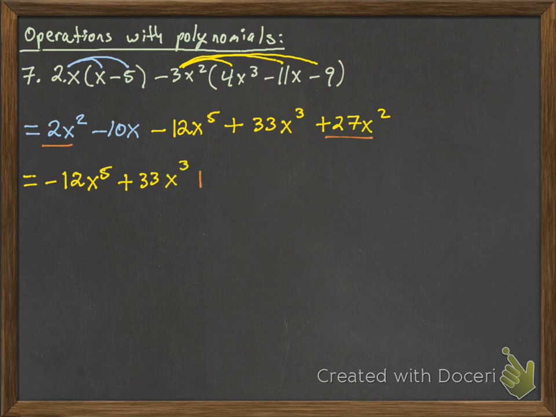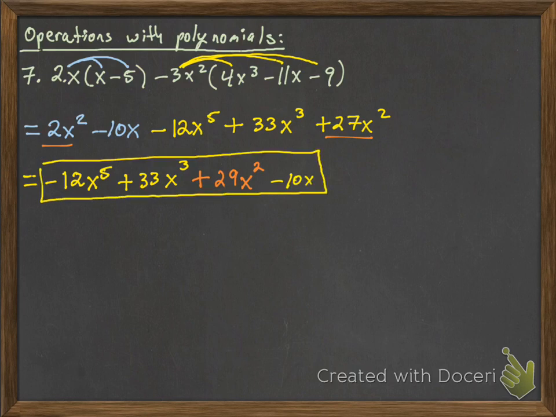And then the x squareds, we have a 2x squared and we have a 27x squared. So how we combine them is we add the numbers and keep the variable, 29x squared, and then we've got minus 10x by itself.